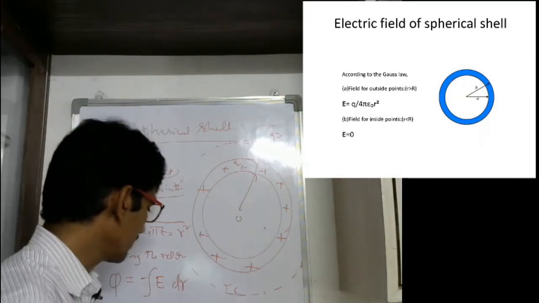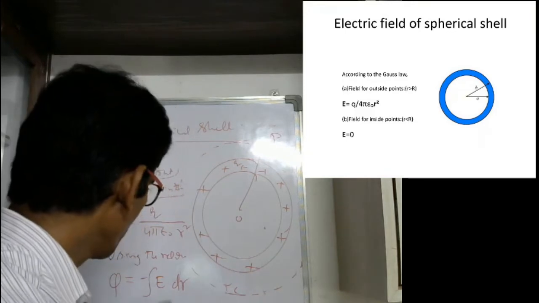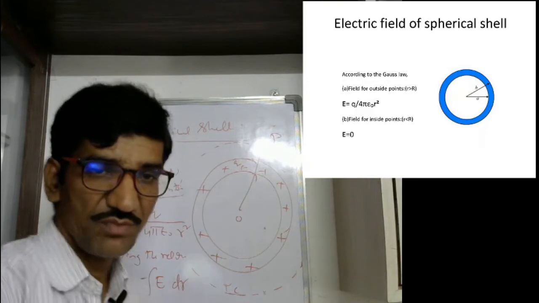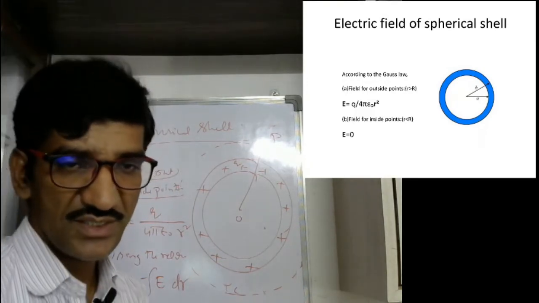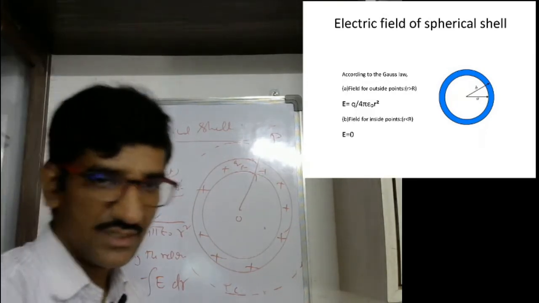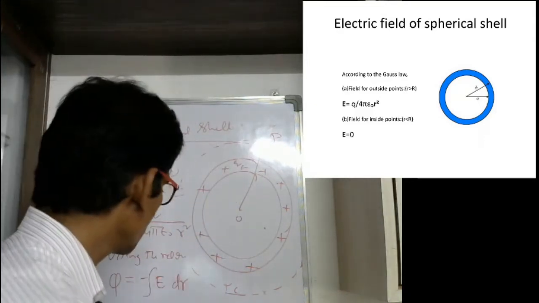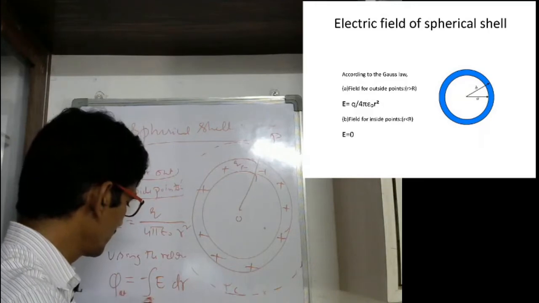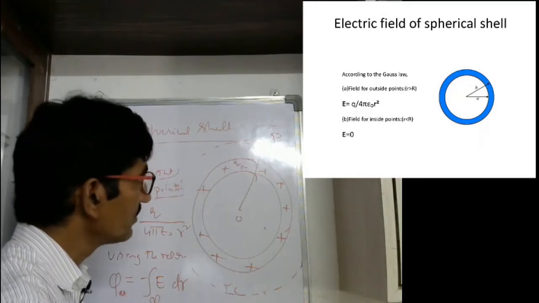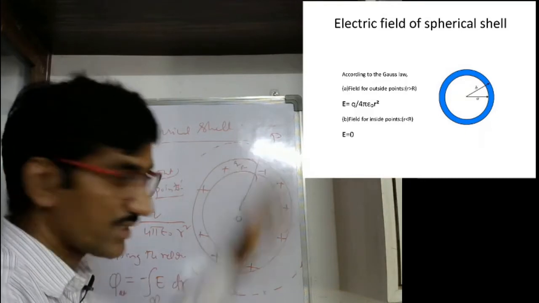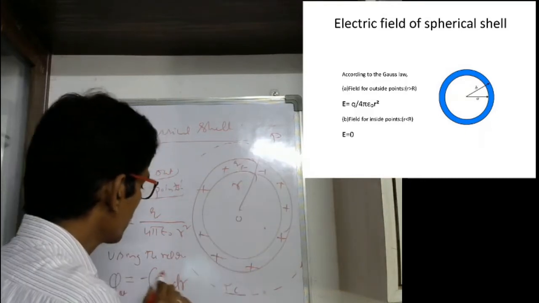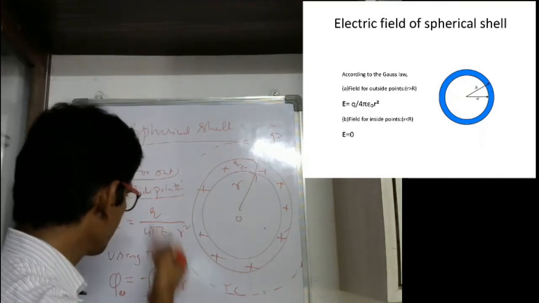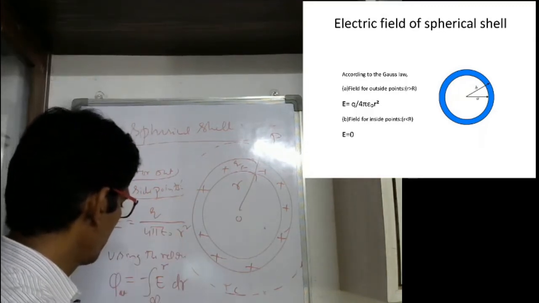For outside points there is no problem; the integral is only a single integral and you need not split it. What are the limits? Phi out is from infinity to some point outside the spherical shell, located at distance small r. Now you just substitute this E here.